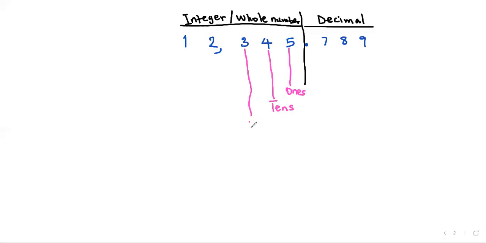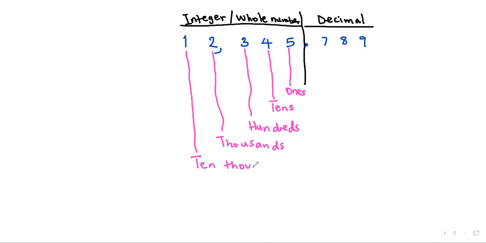Hundreds. Very good. And the place value of 2 is? Thousands. The place value of 1 is? Ten thousands. Like that. So this side, these are whole numbers.